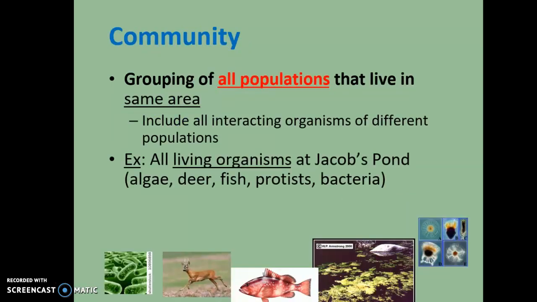The community. The community is a grouping of all the different populations that live in the same area. So all of those will interact with each other. Example, all the living organisms at Jacob's Pond: algae, deer, fish, protists, bacteria. Think of these things as all living, by the way. So if you look at behind the school and you think about what lives behind the school, go back to our geese.